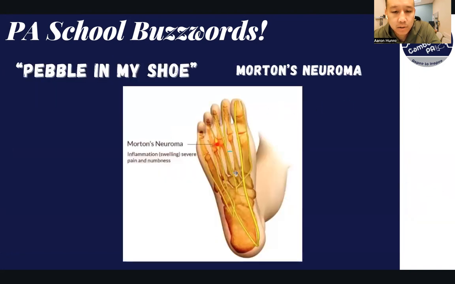All right, and that Morton's neuroma. They're going to have that swelling and inflammation of one of the nerves, especially in the bottom of the foot. So again, it feels like there's a pebble in their shoe when they're walking, but there's nothing in there, and it's that irritation of that neuroma. So this is that nerve pathway, and if there's continued irritation, that causes that severe pain and numbness.